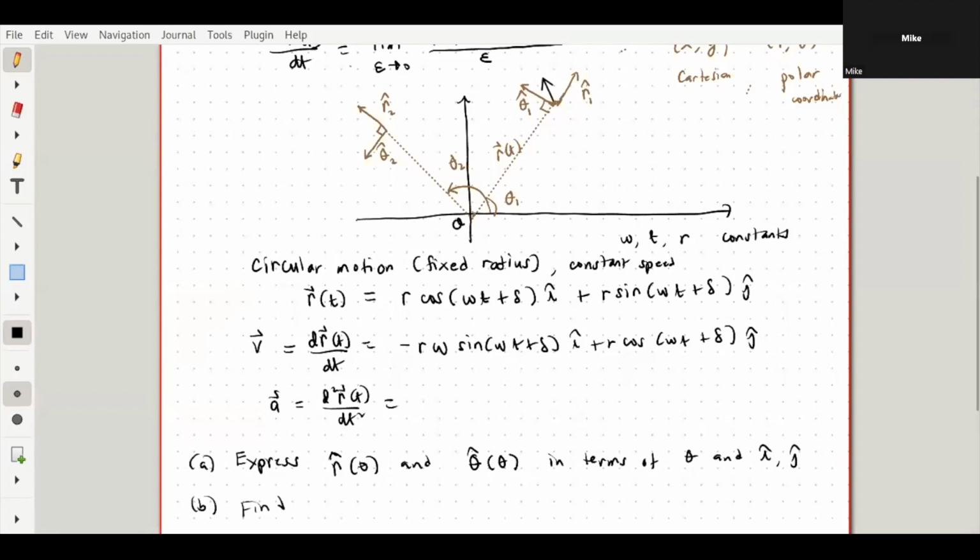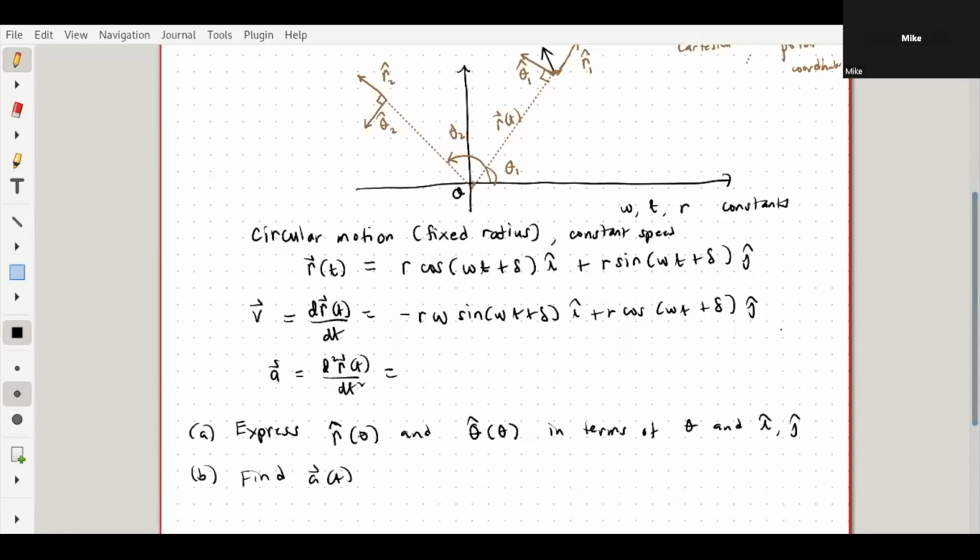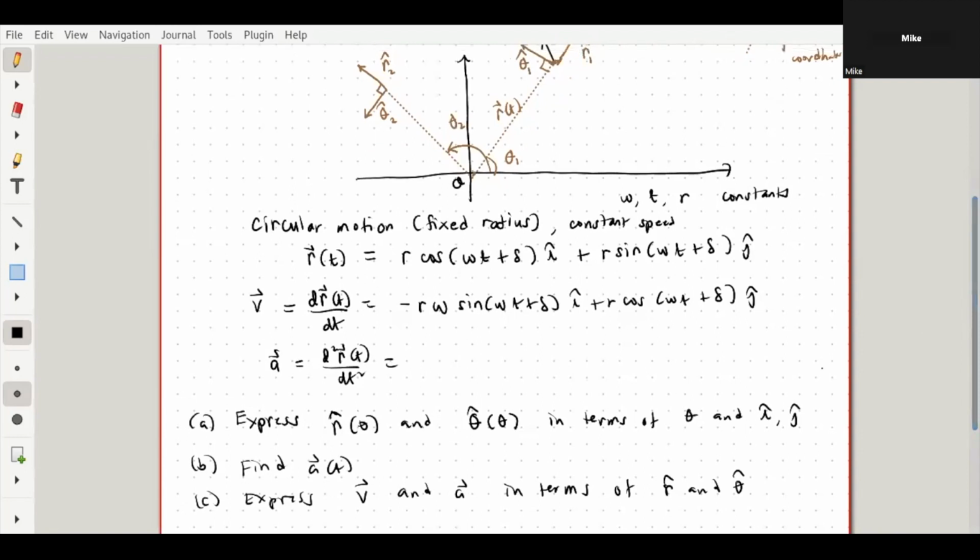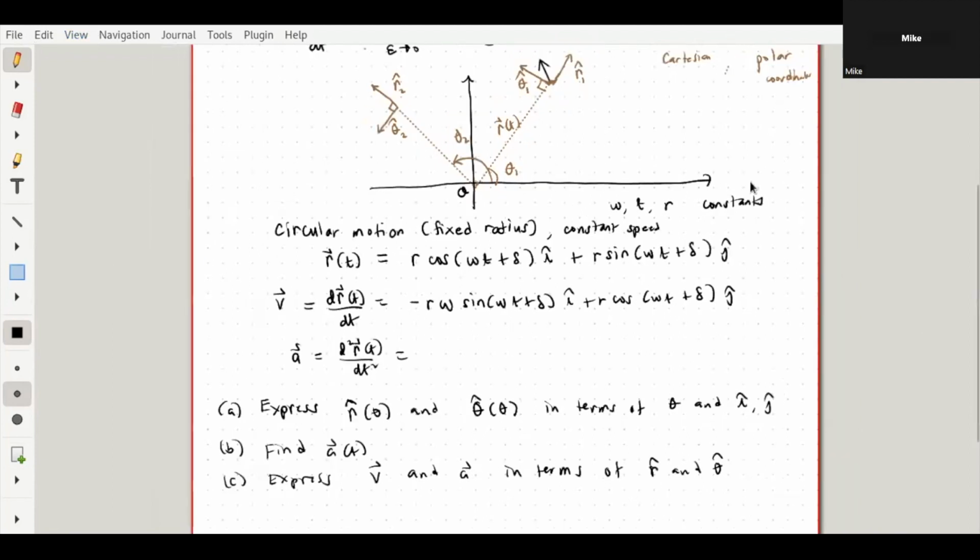So, find a of t, express v and a in terms of r hat and theta hat instead of i and j. Yeah. So, ano yung r hat and theta hat in terms of theta, i, and j? Zoom out ko lang para yung figure.